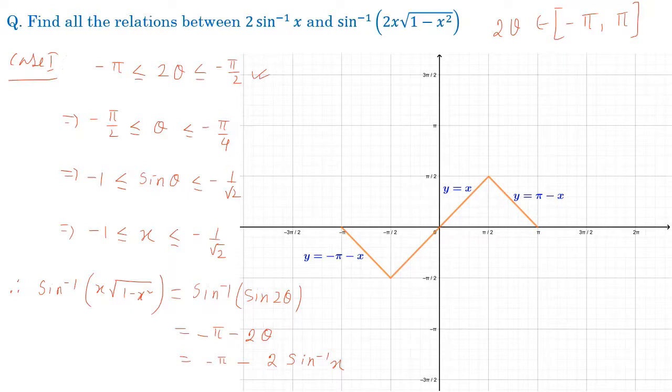So finally you can write, therefore, sine inverse of x into root over 1 minus x square is equal to minus pi minus 2 sine inverse x when x belongs to this interval. You can write it in this way also.